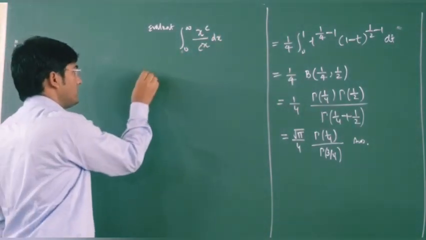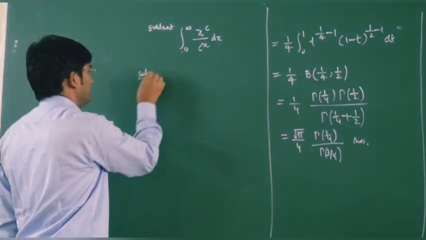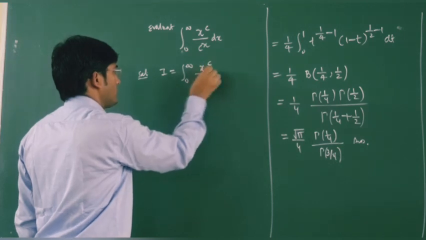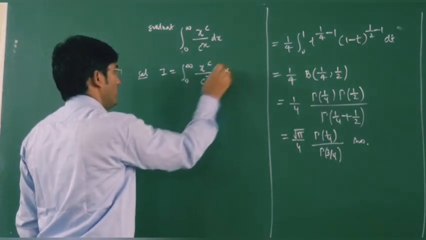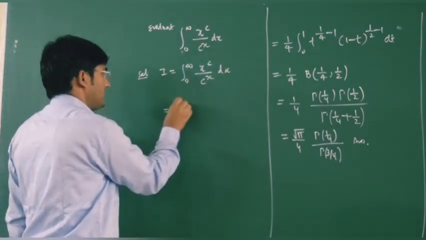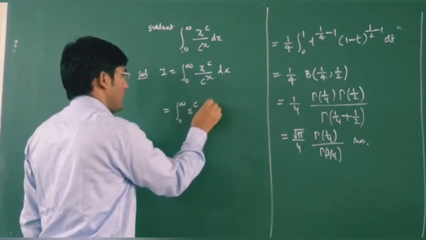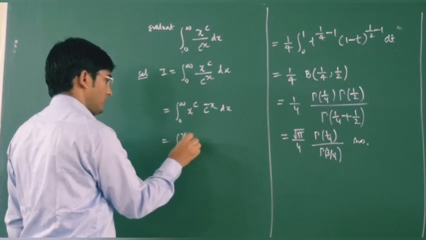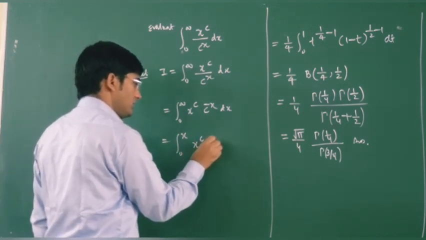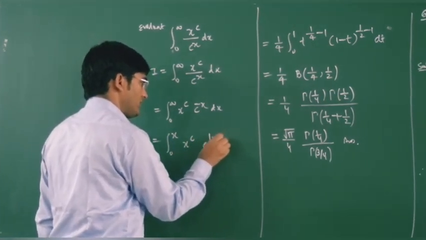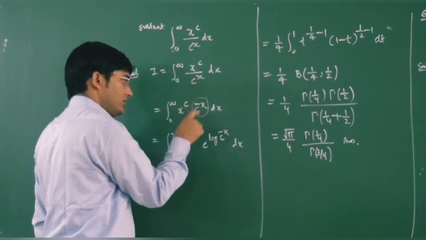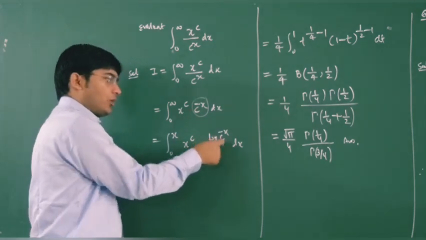So let us write it as I. So your I will be equal to integral 0 to infinity x power c upon c power x dx. We can also write it as x power c into c power minus x dx.